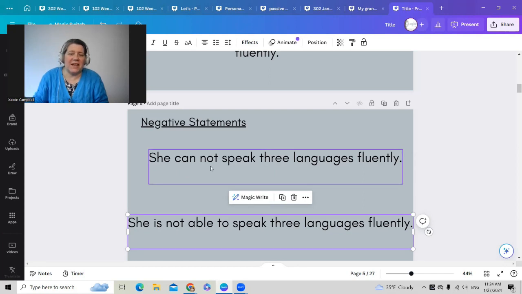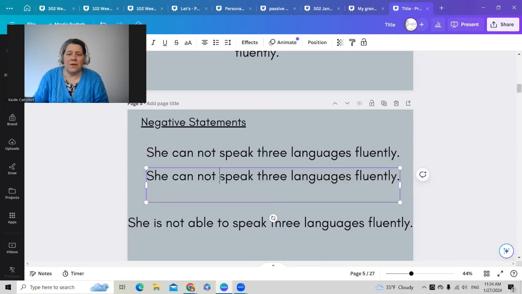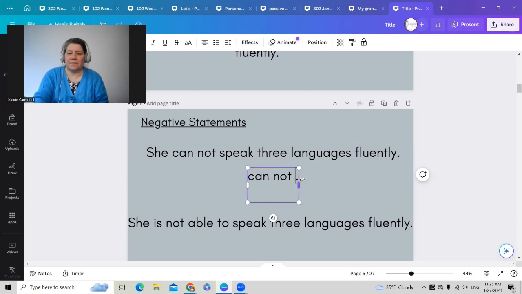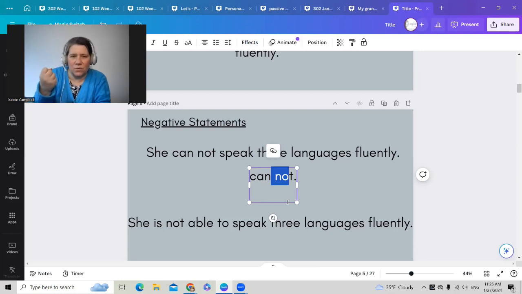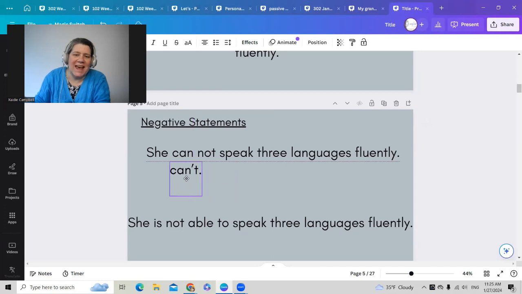With she can't speak, cannot becomes can't, like this. So when we make a contraction, what we're doing is taking letters out and we put an apostrophe in place of those letters. She can't speak 3 languages fluently. Okay?